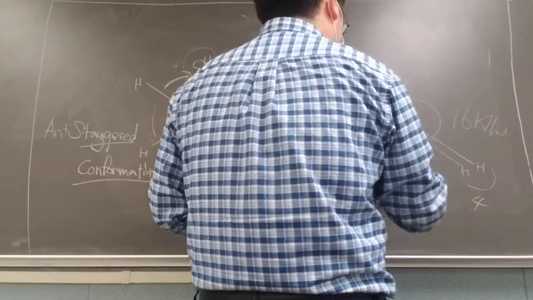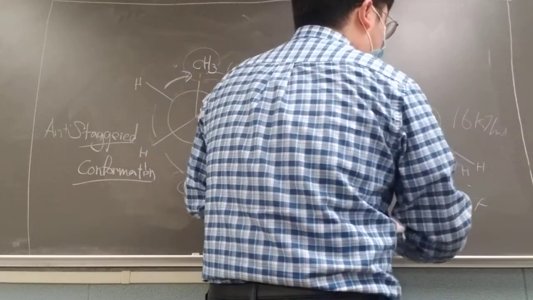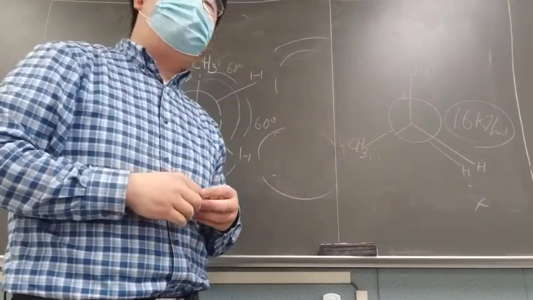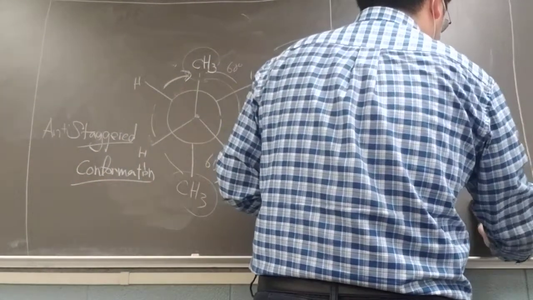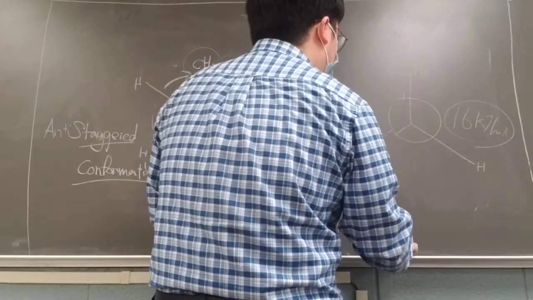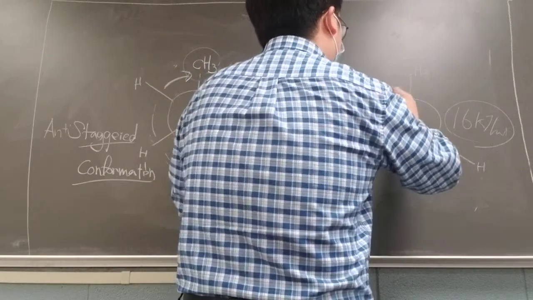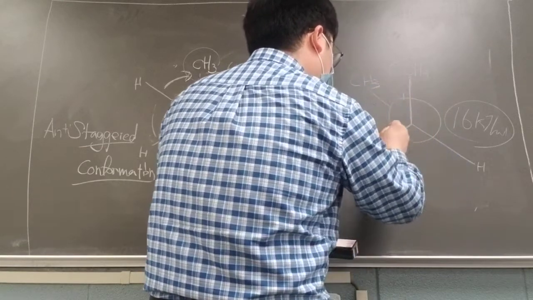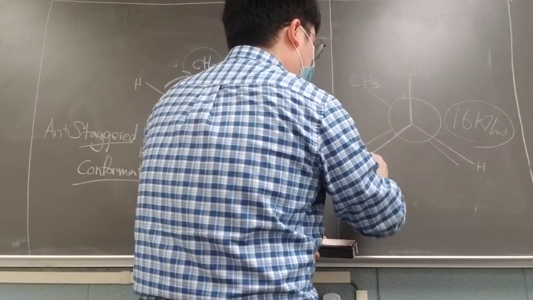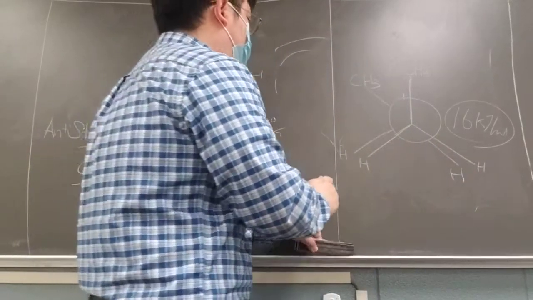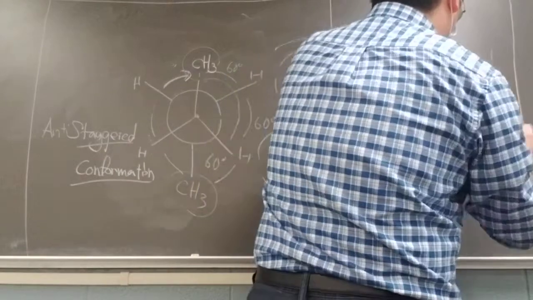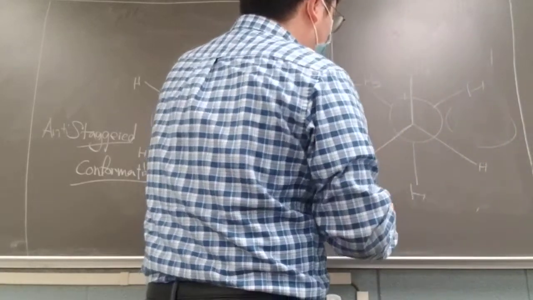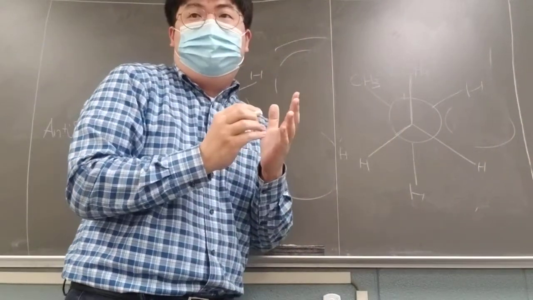And we're gonna rotate this one another 60 degrees. So remember this number. You don't have to remember the number for the exam, but I just want you to compare the number too. And then if you do another 60. So yeah, if you do this, now it's also staggered conformation.